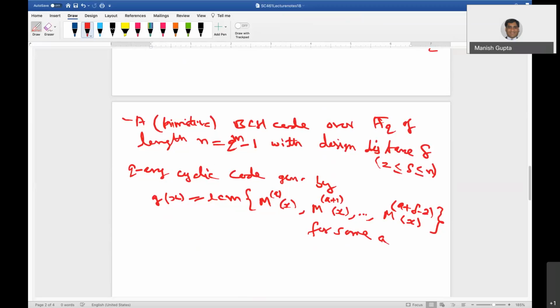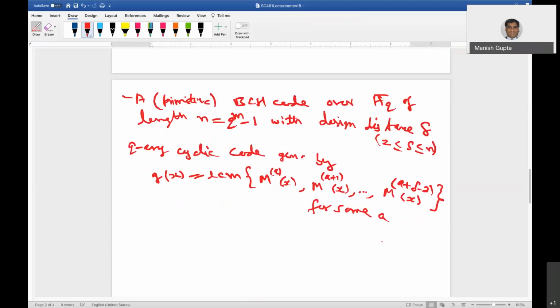This is known as a narrow sense BCH code if a is equal to 1.